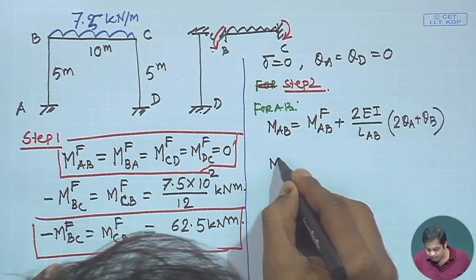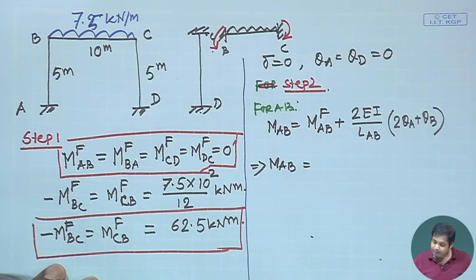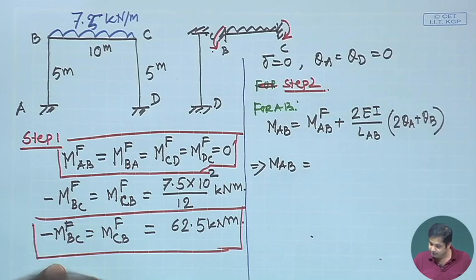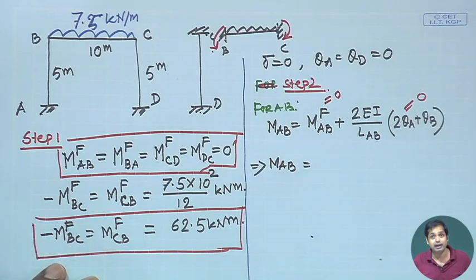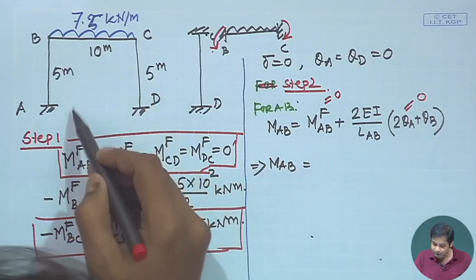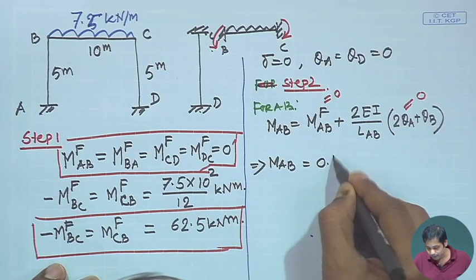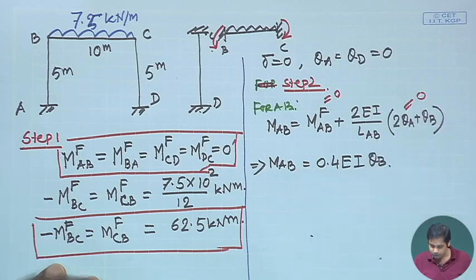Now, this gives you MAB: the fixed end moment is equal to 0, theta A is equal to 0, LAB is equal to 5. So, this becomes 0.4 EI theta B. So, that is MAB.